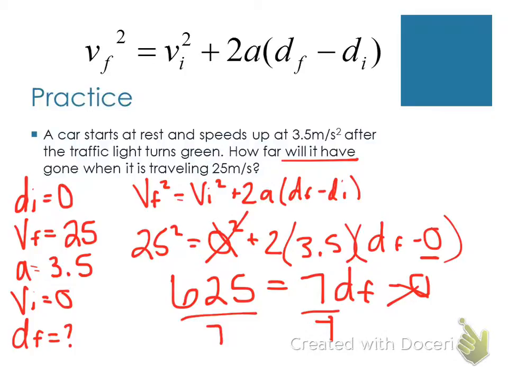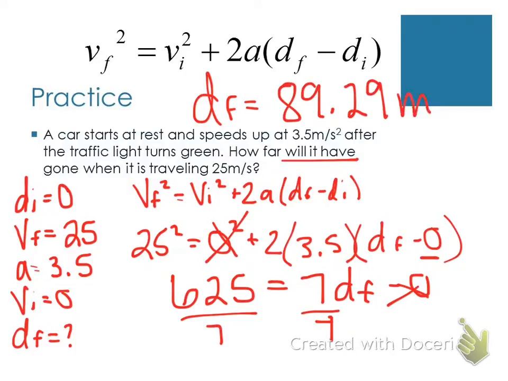And distance final then is equal to 89.28, or you could say 89.3. I did the other one at 89.2. Great. Rounding is no problem. Okay, questions? Feeling okay?